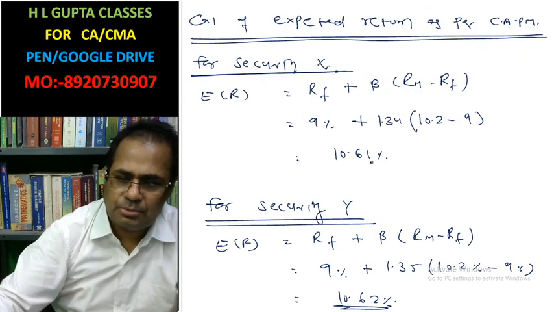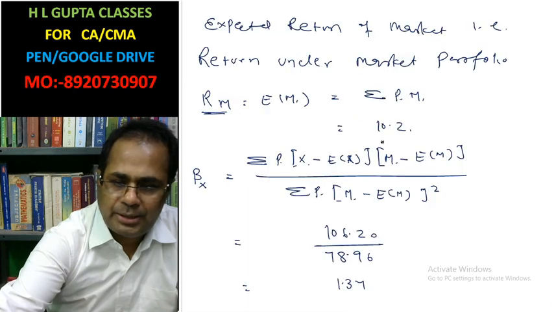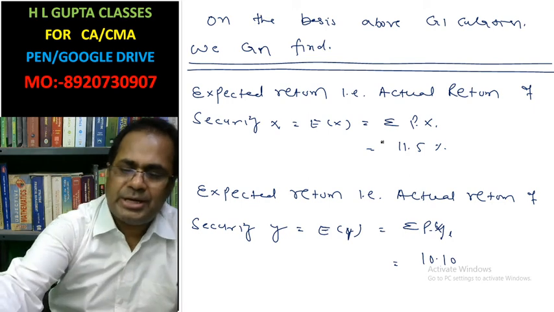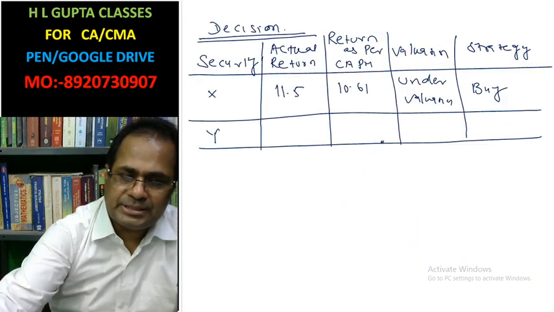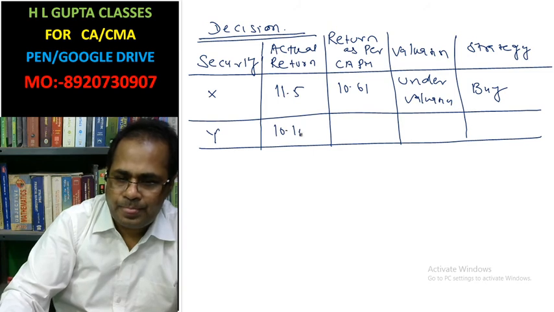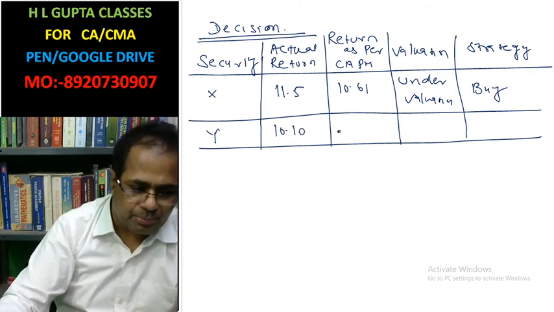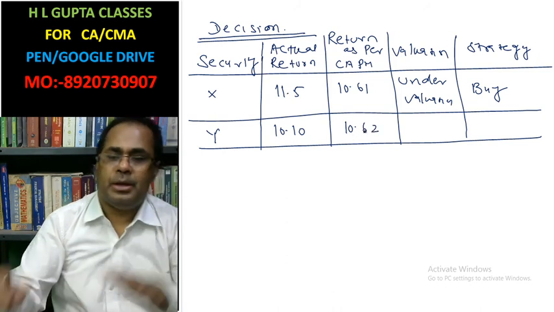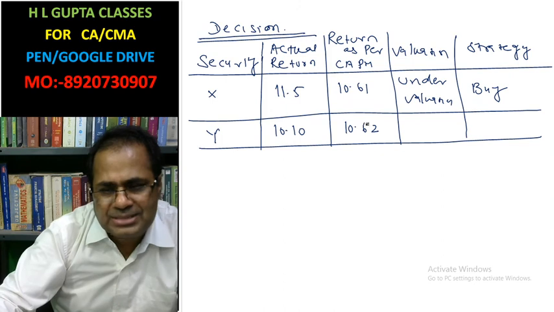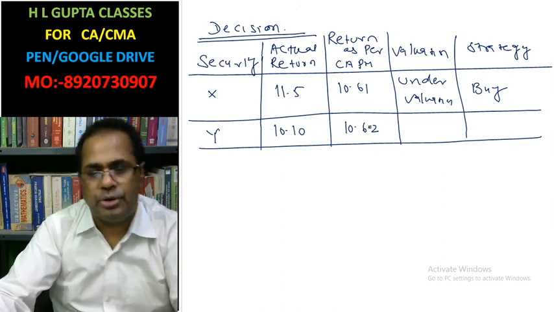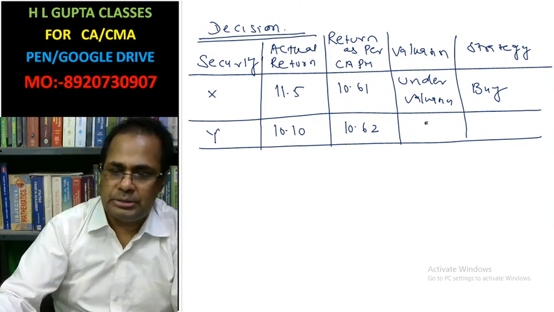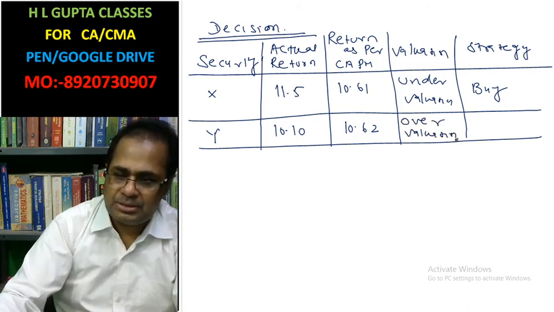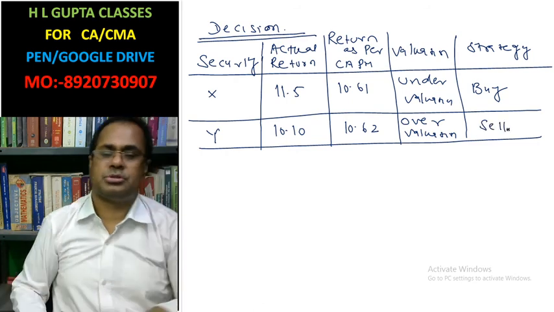Expected return Y is 10.10. In actual, CAPM gives 10.62. Investor is expecting 10.62, but in actual he is going to receive 10.10. This is overvaluation. This should be sold.